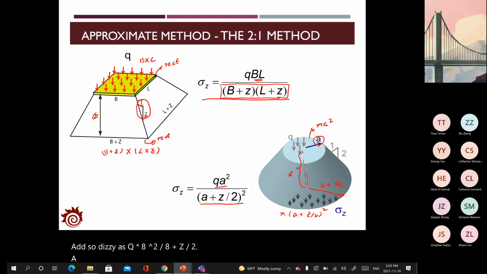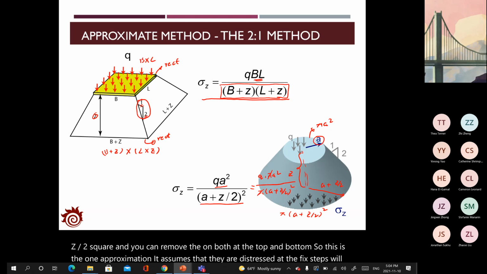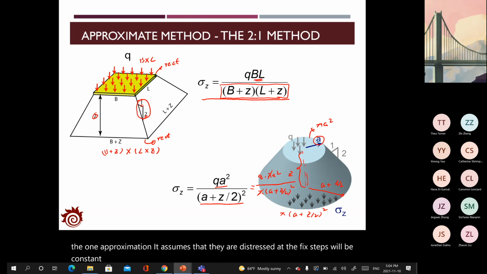So this is actually q times pi a squared divided by pi times (a plus z divided by 2) squared, and you can remove pi at both the top and the bottom. So this is one approximation. It assumes that the stress at a fixed depth will be constant, and the affected area at one depth is governed by the 2-to-1 rule.